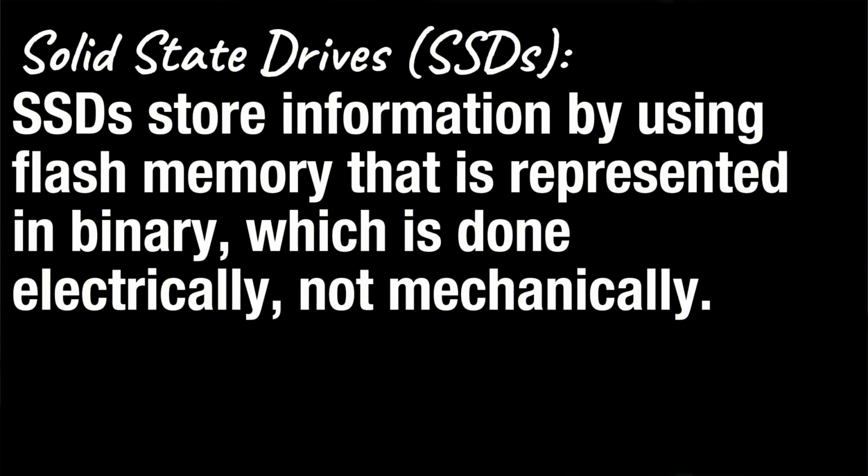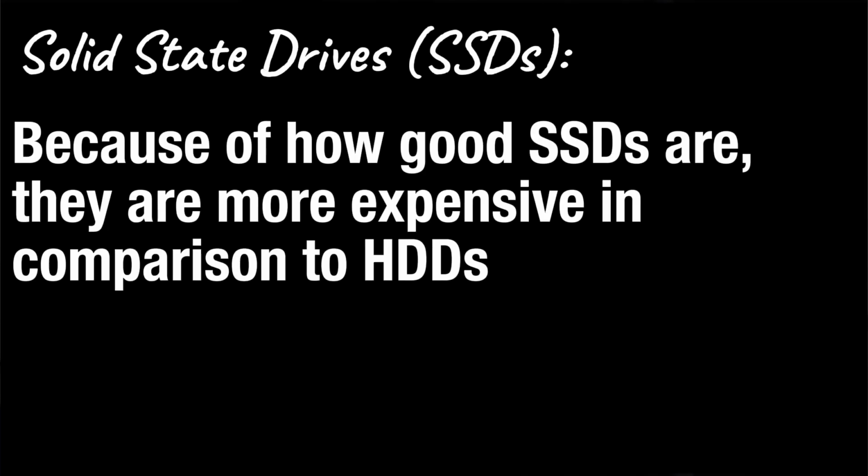SSDs work by using interconnected flash memory that is used to represent data in the form of binary, again, your zeros and ones. Because this is electric and not mechanical writing, it is a lot faster, as we know that electricity travels very fast in comparison to mechanical systems. However, because of the performance and compactness of an SSD, they are in higher demand, thus increasing the price of many SSDs.